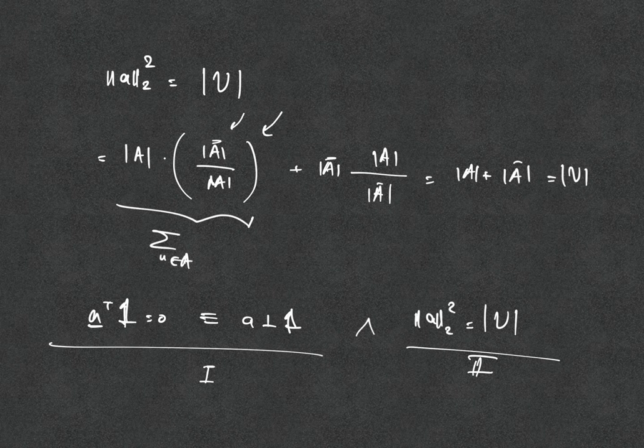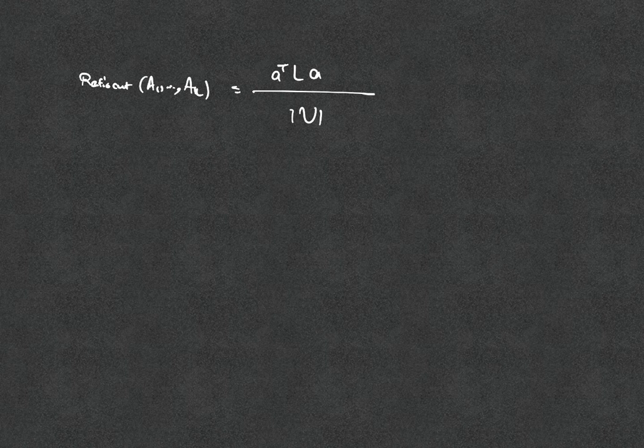Now, what was the point of all of this? We wanted to basically be able to rewrite the ratio cut minimization problem as a min cut problem. So as we mentioned, ratio cut is going to be this times this. This is based on the A definition that we described.